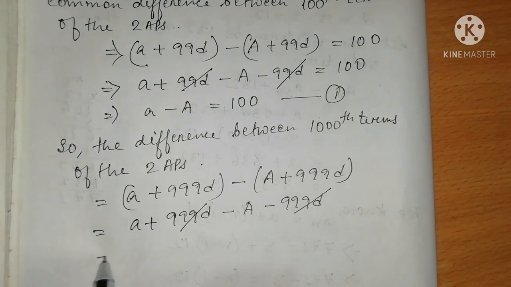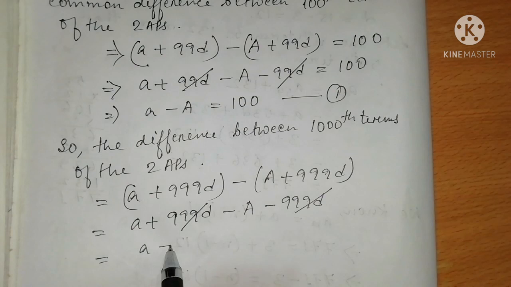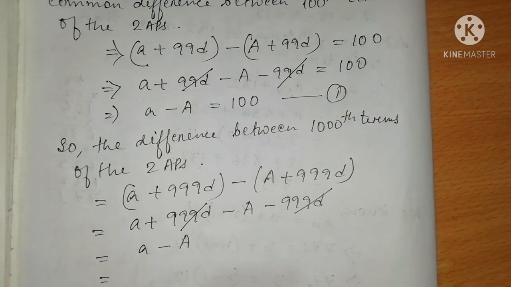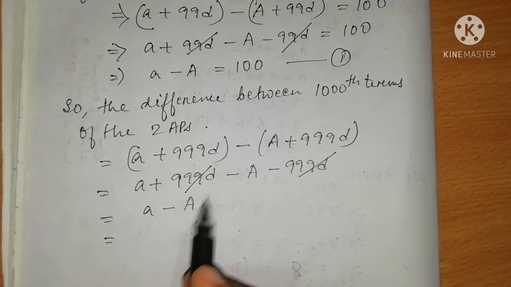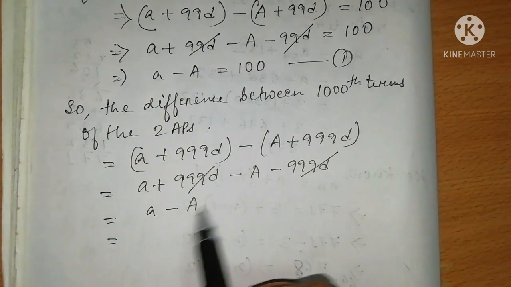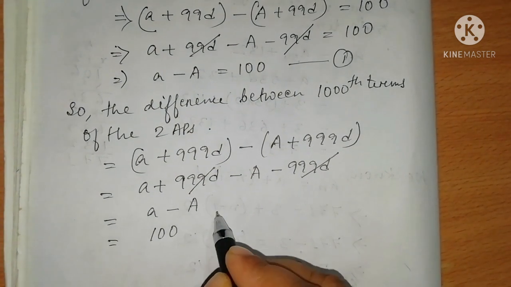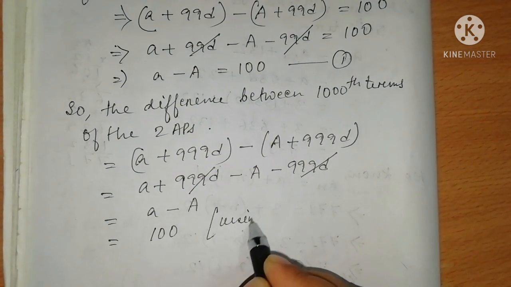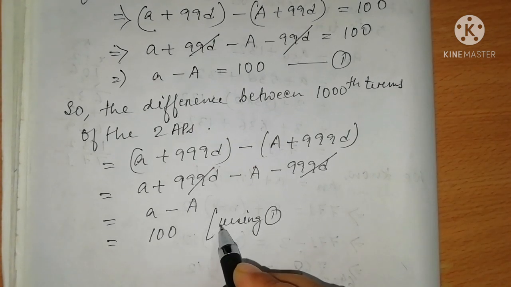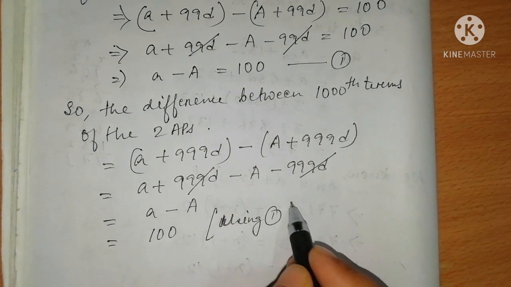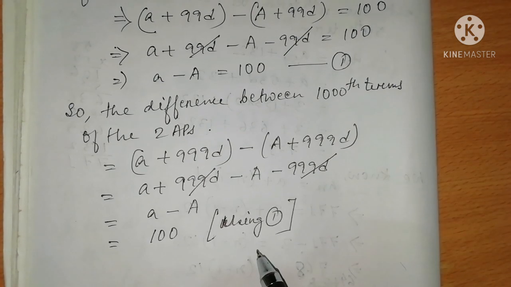These two will be cancelled. So we can write a minus capital A, and a minus capital A we got as 100 from equation 1.